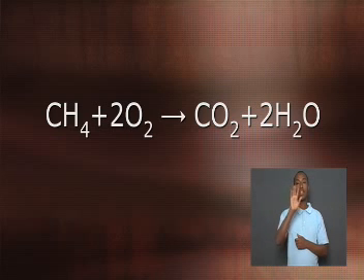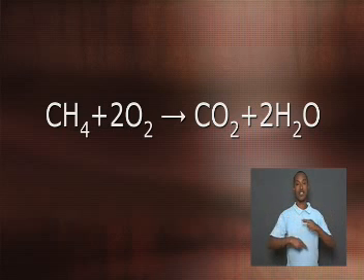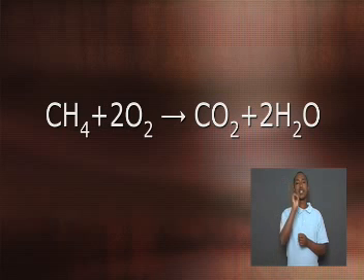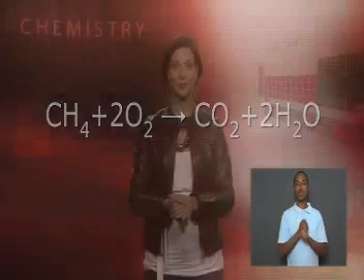25 grams of methane gas burns in oxygen, according to this reaction. Let us figure out what the percentage yield is if 60.3 grams of carbon dioxide is produced. So far, we know that the actual yield is 60.3 grams of carbon dioxide.